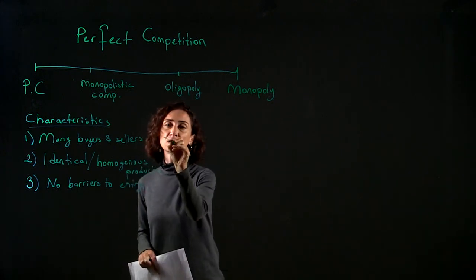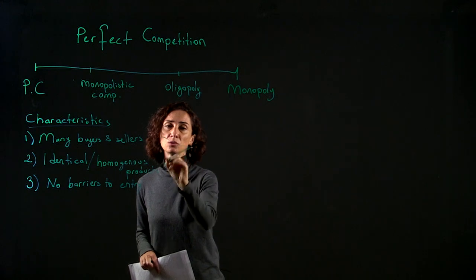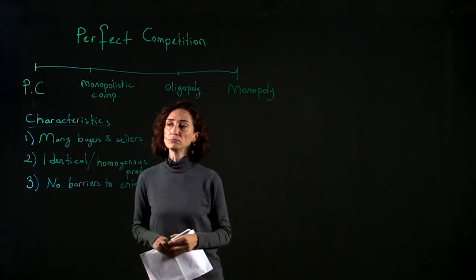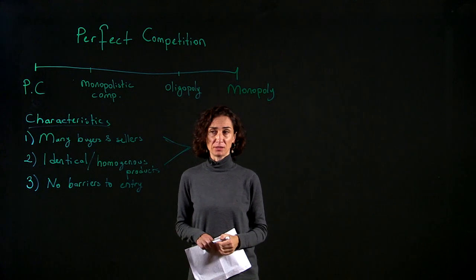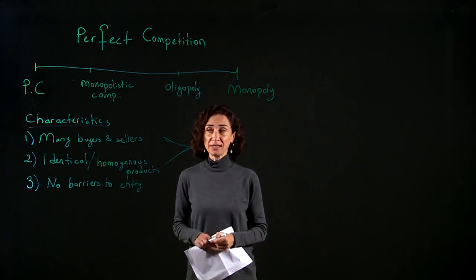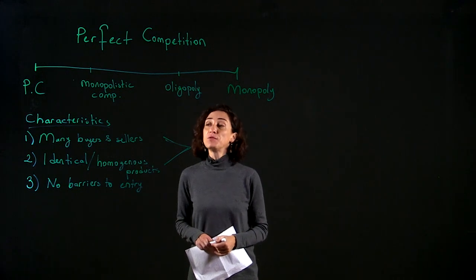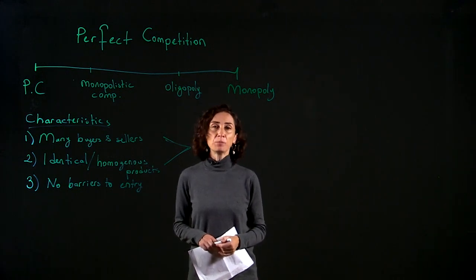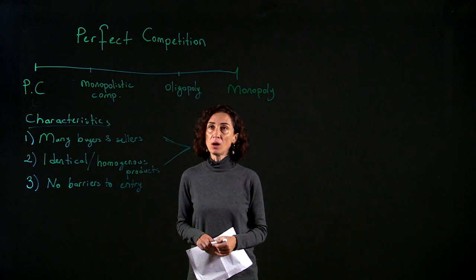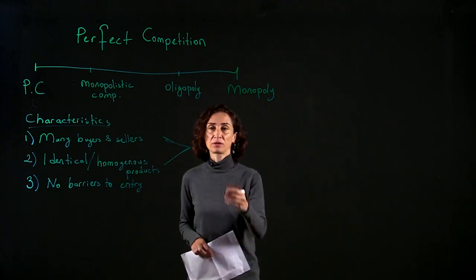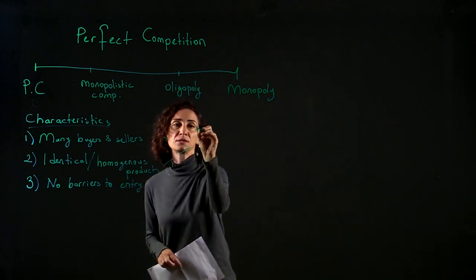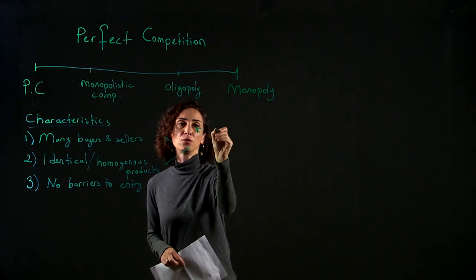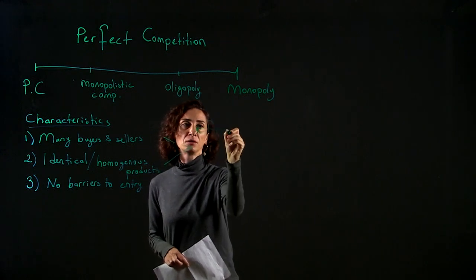Because of these two things, okay, because there are many sellers and they are selling exactly the same thing, firms in perfectly competitive markets are price takers. Okay, one consequence.